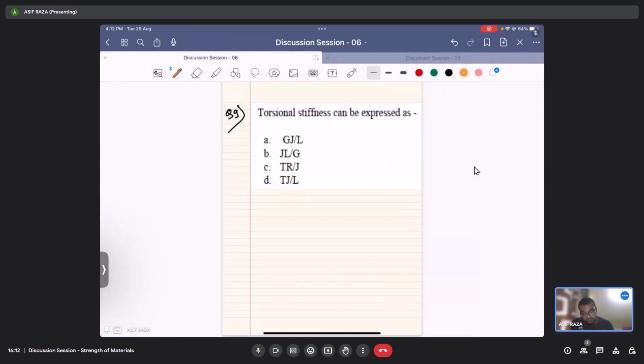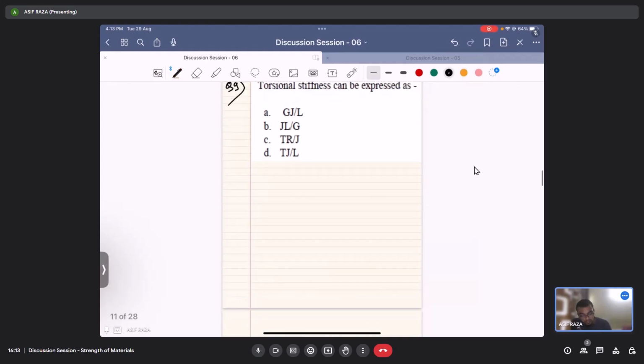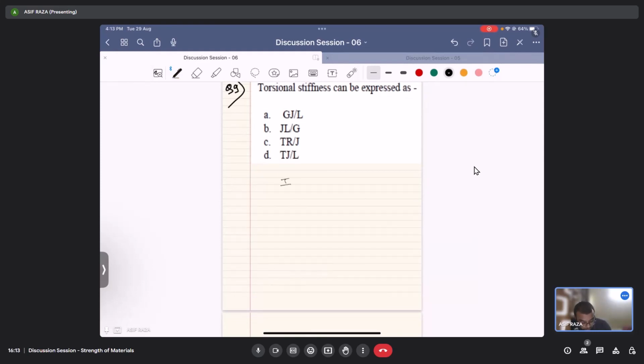The question says, torsional stiffness can be expressed as, and the options are GJ upon L, JL upon G, TR upon J, and TJ upon L. Just now we gave the torsion equation, T upon J equal to G theta by L equal to tau upon R. We will use the first two expressions, which give T by J equal to G theta by L, and torsional stiffness is equal to T upon theta, so that will be equal to GJ upon L.